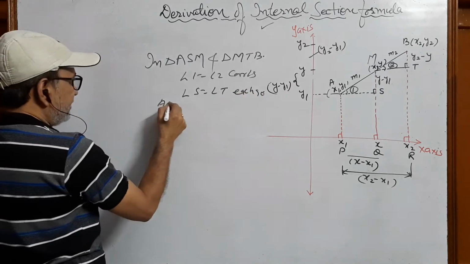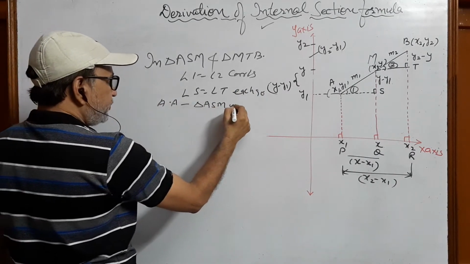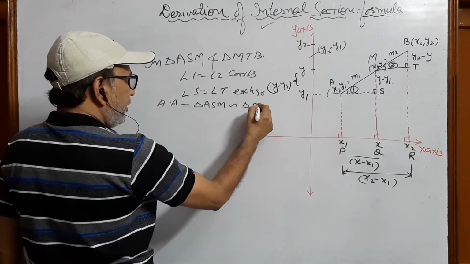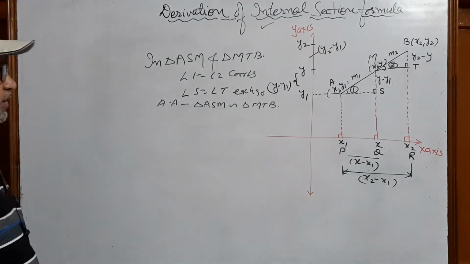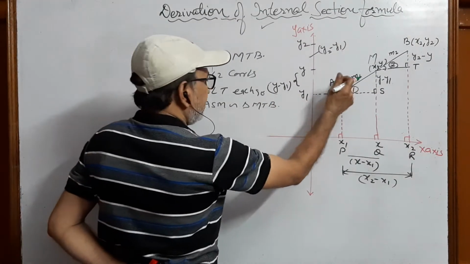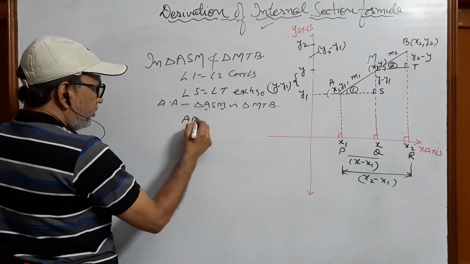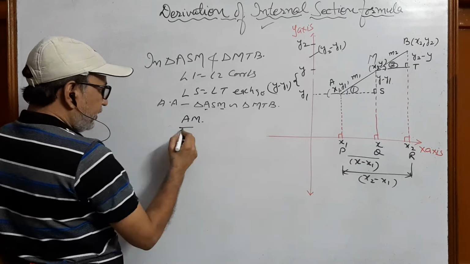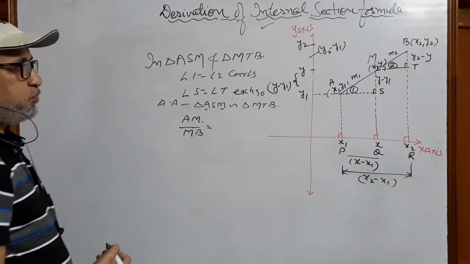By angle similarity, we will say triangle ASM is similar to triangle MTB. Very important. Triangles are similar, so the sides are proportional. Means AM, first or last letter, equals MB.